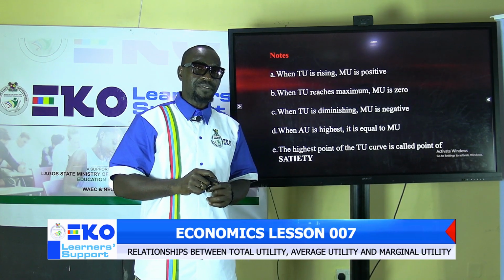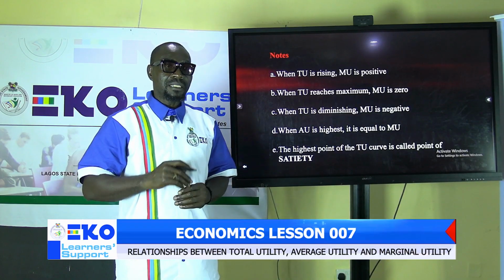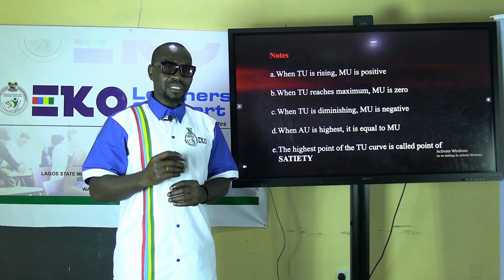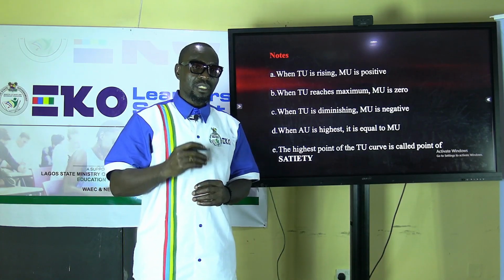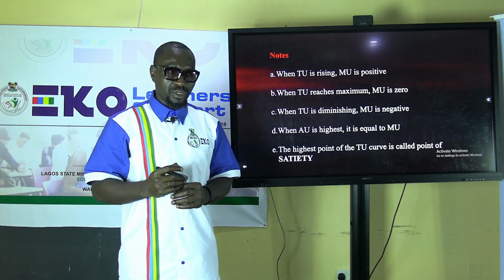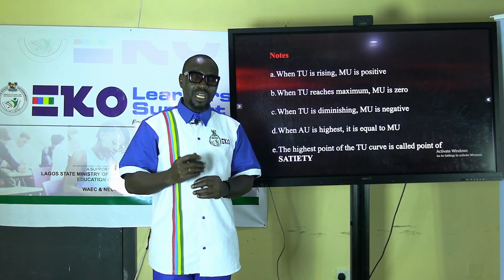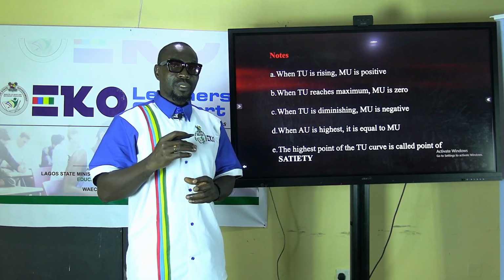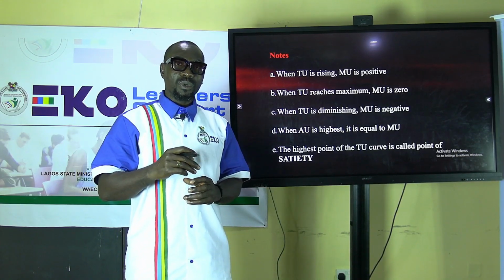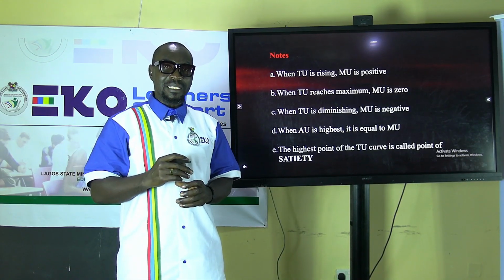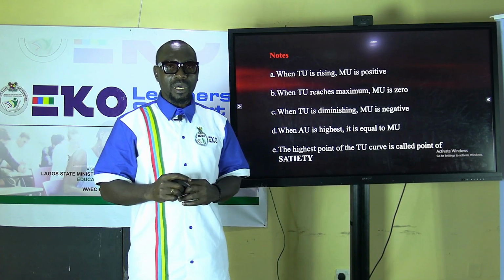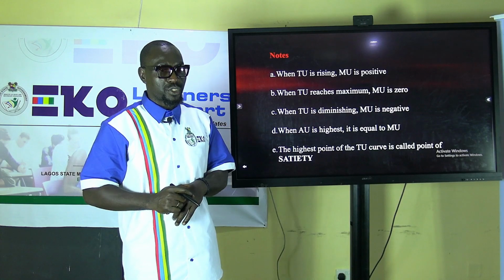This is where satisfaction is highest, and further consumption of that commodity will begin to lead to a fall in satisfaction. In other words, if additional units of that commodity are consumed, total utility will decline and marginal utility will also become negative. In other words, we get to dissatisfaction.